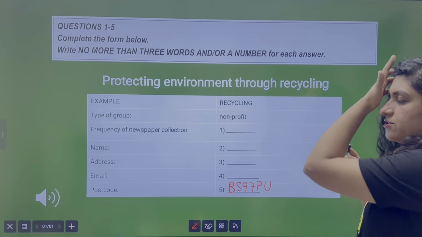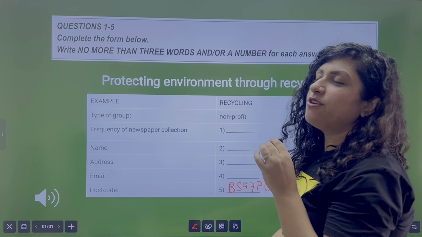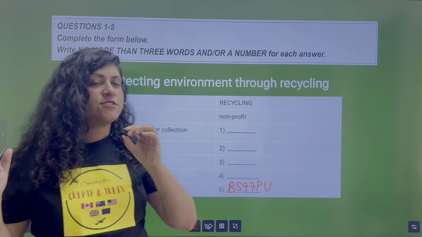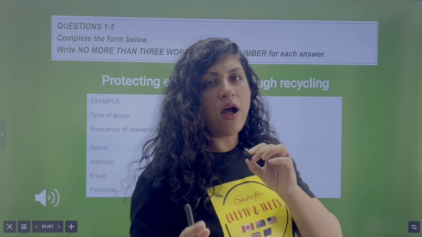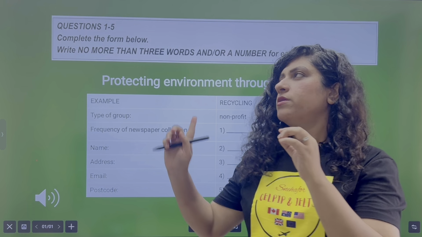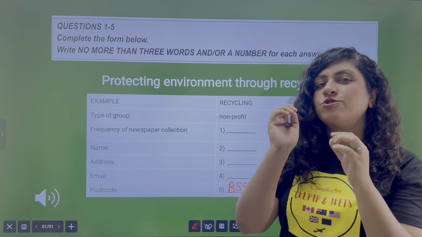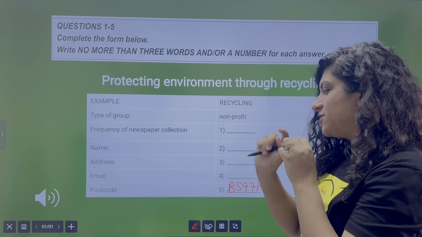All right, so this is how you're going to solve part 1 of listening most of the time. So this time I solved it with you. Now I'm going to play one more question of similar type, and this time we're going to solve it in one go. Let's do that.